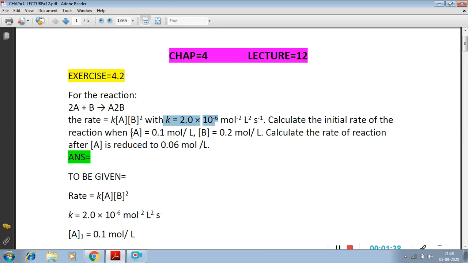The initial concentrations are given: A is equal to 0.1, B is equal to 0.2. Now we have to calculate two values here: first the initial rate of reaction, and second the rate of reaction after A is reduced to 0.06 mole per liter. So we have to calculate two rates of reaction here.